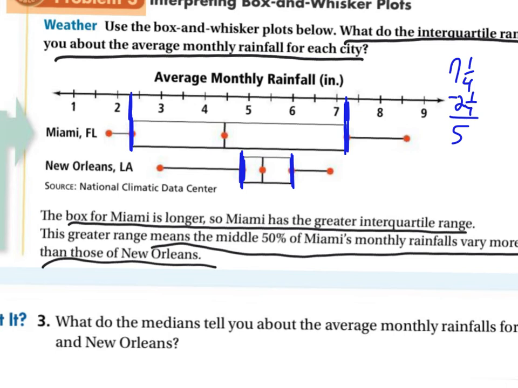For New Orleans, these numbers are close to 5 and 6. Let's just say 5 and 6, even though maybe that's not exactly right. Okay, so that tells us 50% of the time, New Orleans rainfall for the month only varies by 1 inch. Okay, so New Orleans is a lot more consistent on how much rain they get. Miami is more varied.